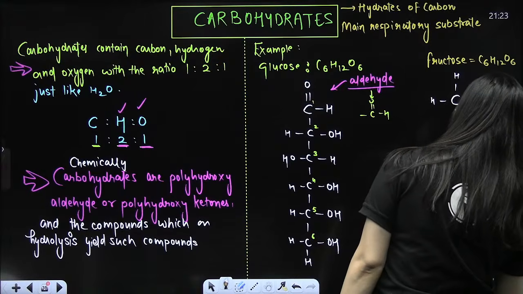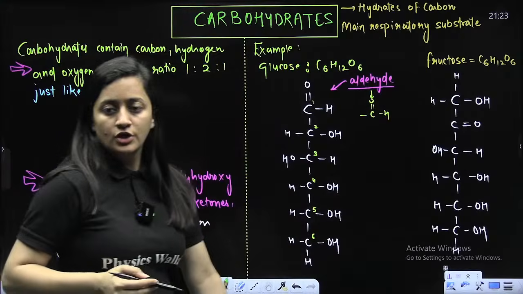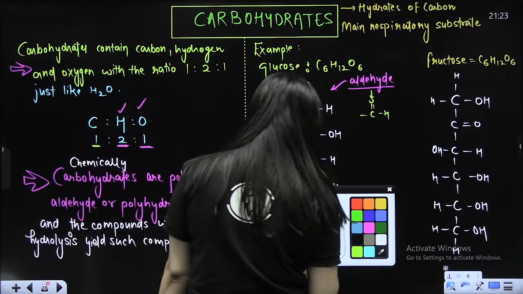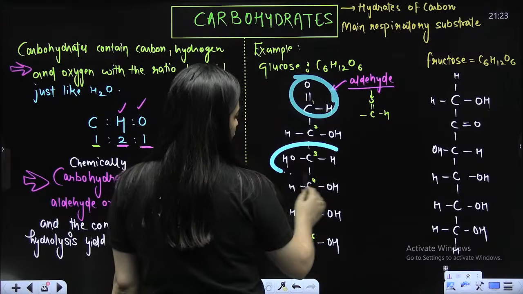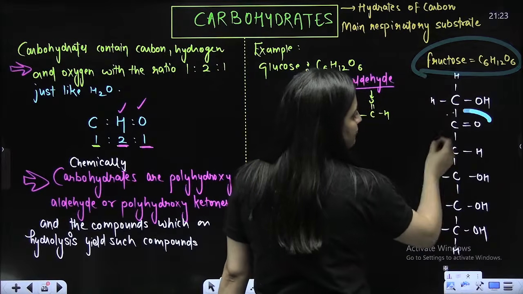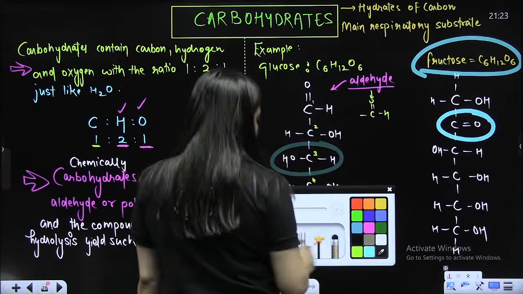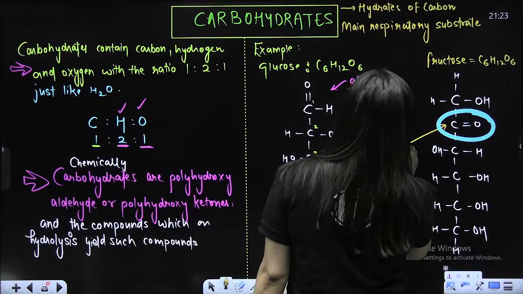This is your fructose. So this one is the glucose here, C double bond OH, and look at this, many OH groups, and this one is the fructose. In the fructose, this is the functional group. This functional group is ketone.